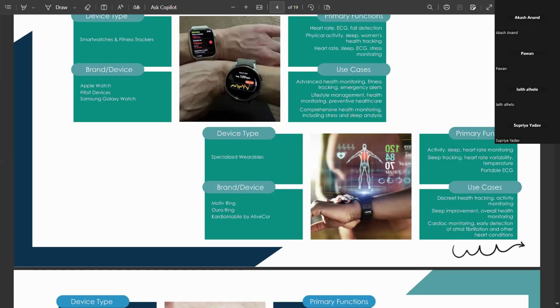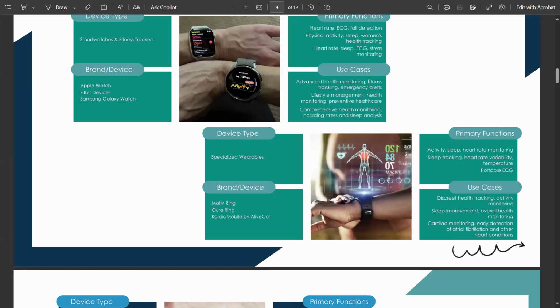Now we know ECG devices to be bulky, and we have to go to clinics and diagnostic centers to get an ECG done. But this Cardia Mobile detects atrial fibrillation, bradycardia, tachycardia, and similar conditions on the go.